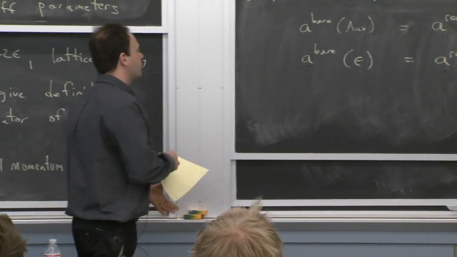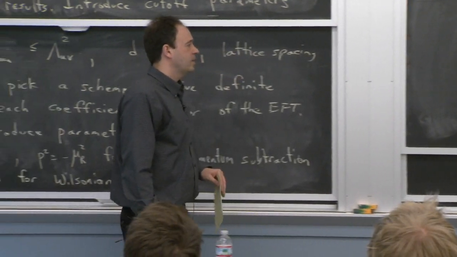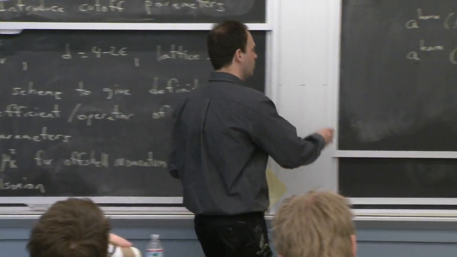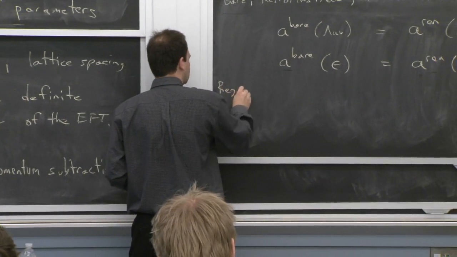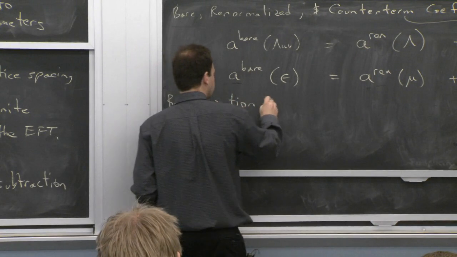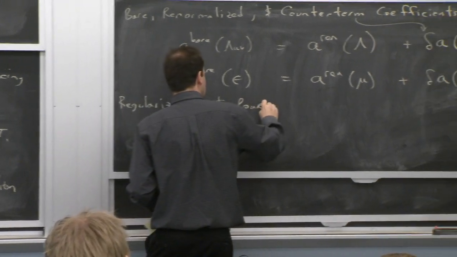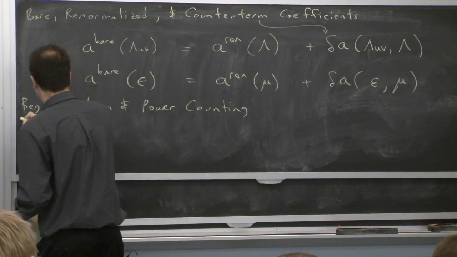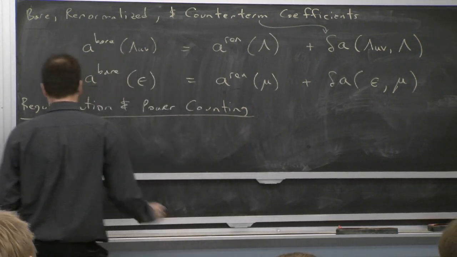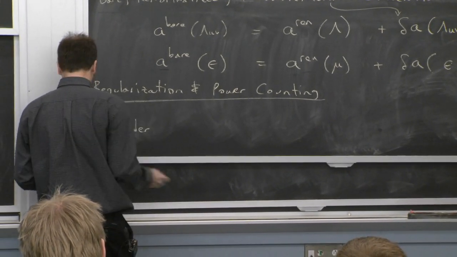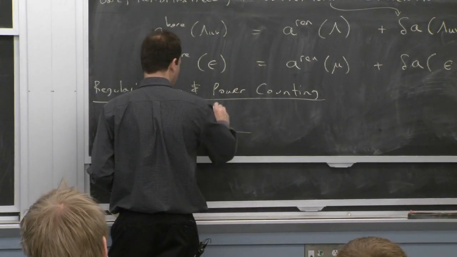All right. So one of the things that makes this tricky is when you start thinking about your power counting, and I want to spend a few minutes talking about that. Let's consider this example that I wrote down with the 4 fermion operator.